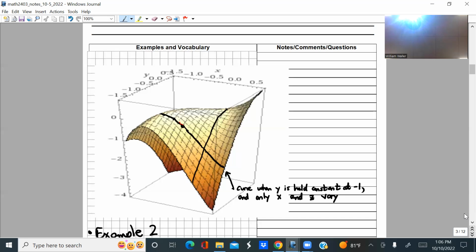In this direction, I think it's going up, but in this direction, yes. How do we describe it? In the direction of the x-axis, in some sense parallel to the x-axis. Right, in the direction of the x-axis, this surface is falling.